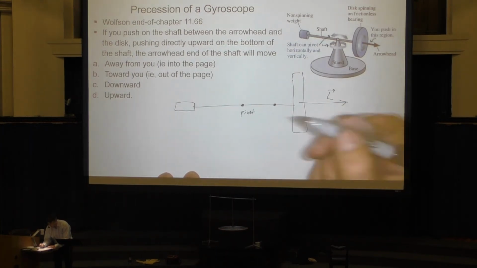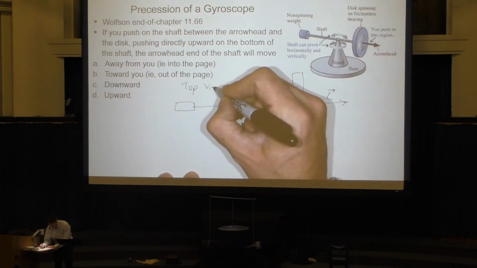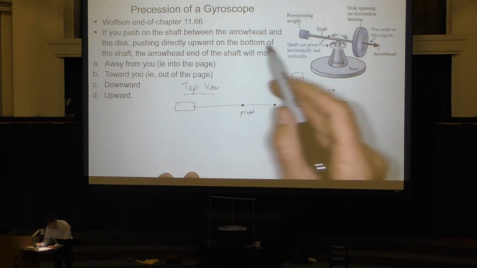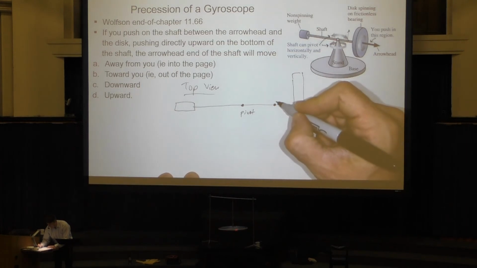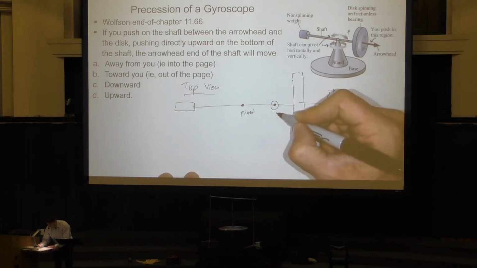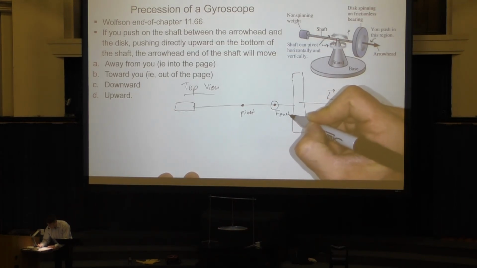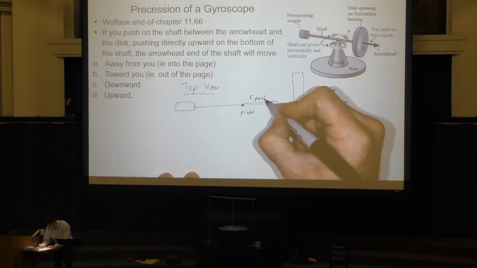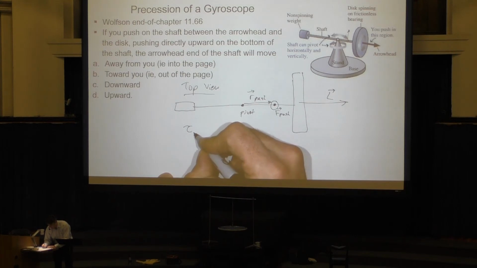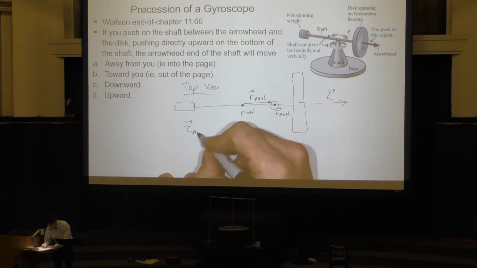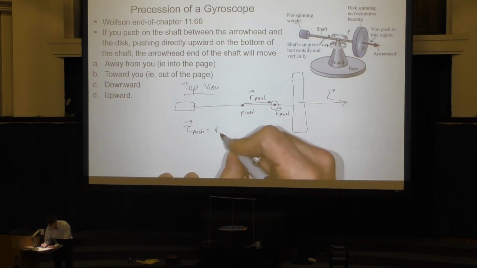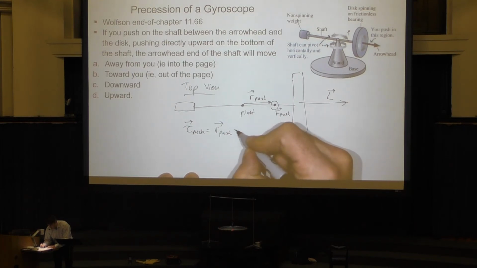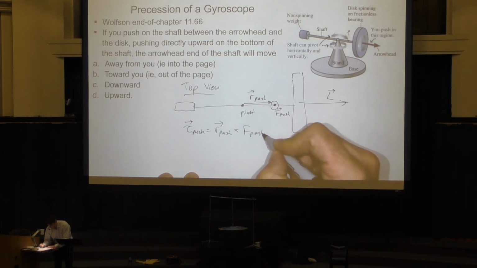You are pushing now, this is top view, pushing directly upward. So that is now going to be like this, F push. Here's your R push. The torque of the push is R of the push cross F of that push.